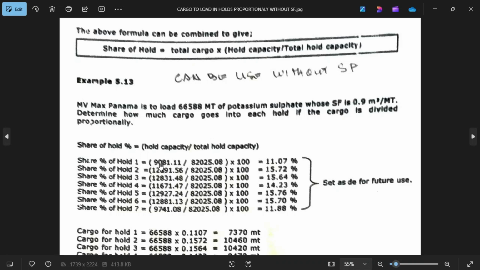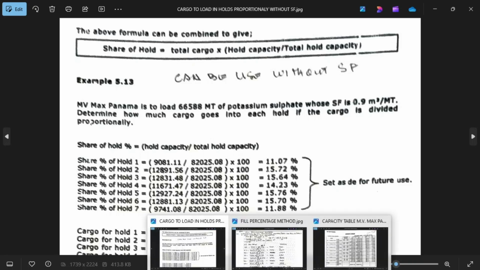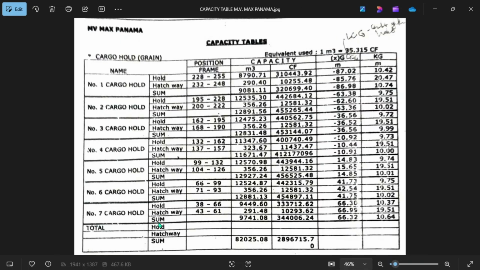So we just make your solution with this format. You put here the hold capacity of each hold, over the total hold capacity. Where can I find this total hold capacity? It's just under.